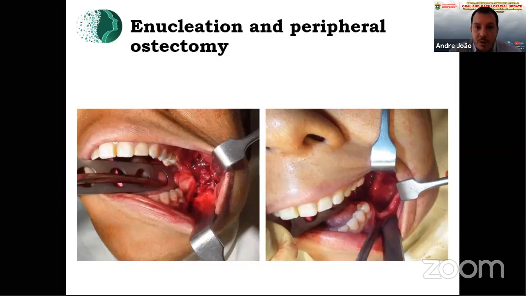It's called peripheral ostectomy. So first stage, marsupialization, and leave it there until the lesion stops shrinking and there is enough bone formed. It usually takes between 5 to 6 months. And then I do a secondary surgery, performing enucleation with peripheral ostectomy.